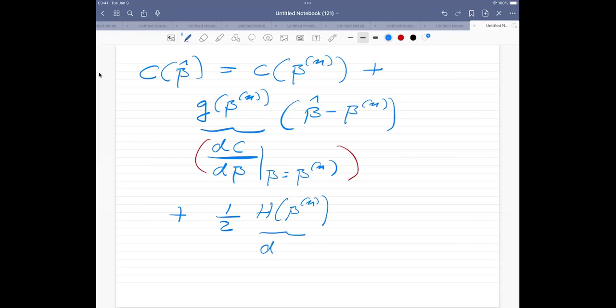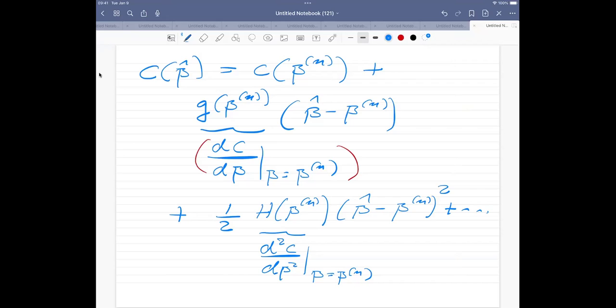So this is now the second derivative with respect to beta, calculated at beta equal to beta of n. And then it has beta optimal minus beta of n, and now this is squared. And then we have higher order terms. It's just a Taylor expansion, right? Does everybody recognize that as a Taylor expansion? Okay.